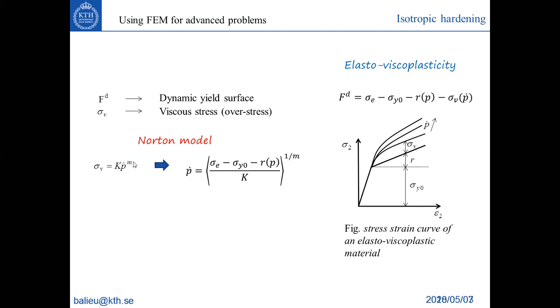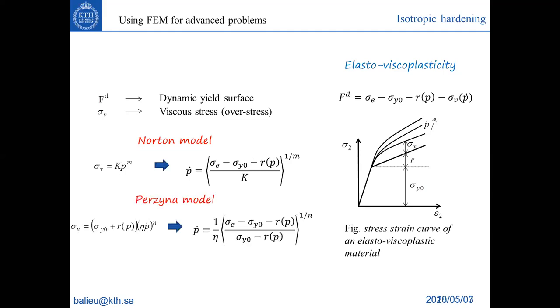That means you add this to the yield surface. So you have a yield surface which depends on the strain rate, and you need to characterize two additional material parameters, K and M. If you do this, you can write the equivalent plastic strain in this form.